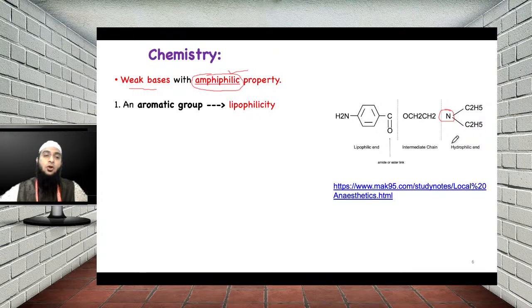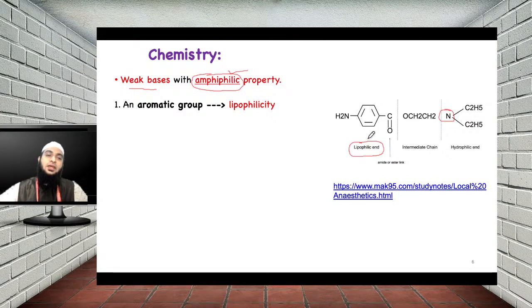We'll first see the aromatic group, which is generally an unsaturated ring. This aromatic group provides lipophilicity to the local anesthetic, right? And we know that we apply local anesthetic for local action. We don't want the local anesthetic to go into the brain. We don't want it to cross into the systemic circulation, right?